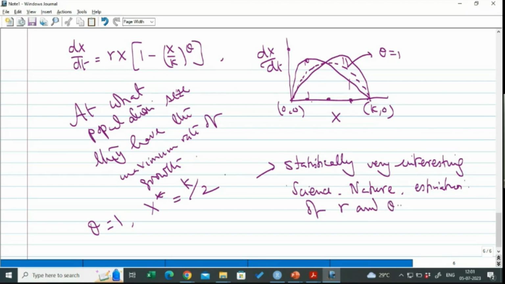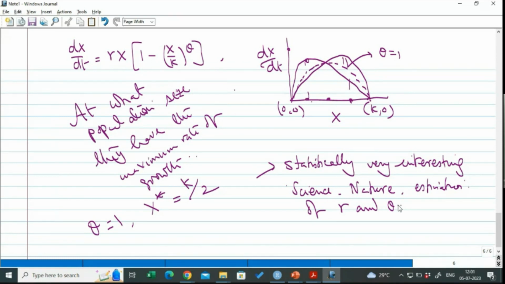It is a very vibrant research area for understanding population growth behavior, because they have associated these parameters r and theta with the life history of the population itself, because they are indicators of some of the evolutionary characteristics of the population itself.